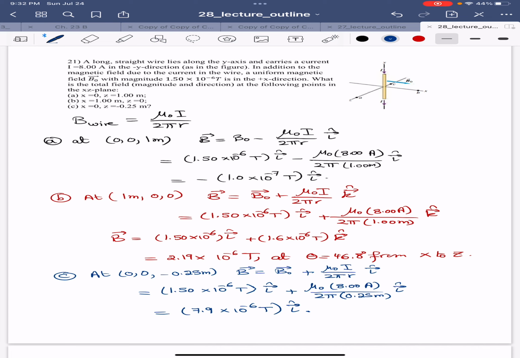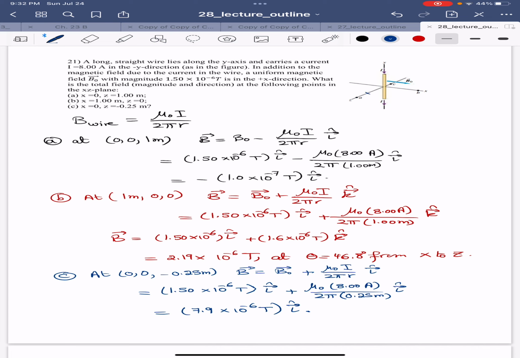That is here when we go to 0, 0, 1 meter. Where is that? 0, 0, 1 meter. That is going to be here.